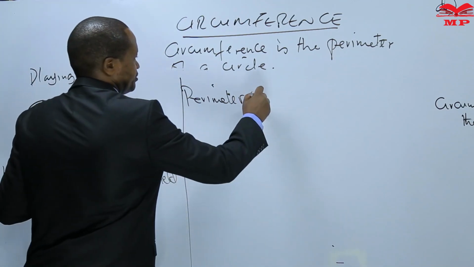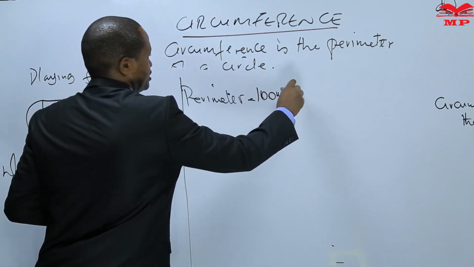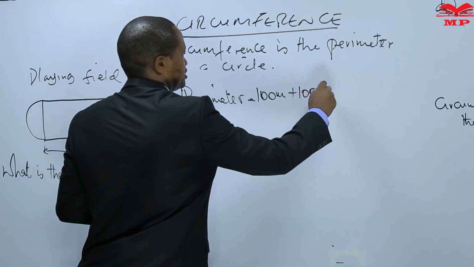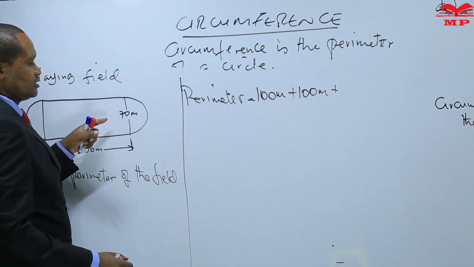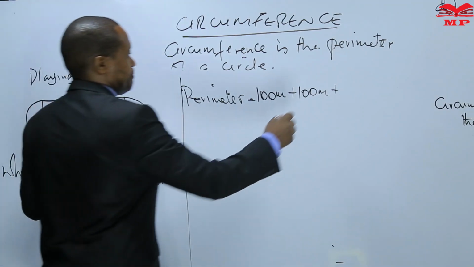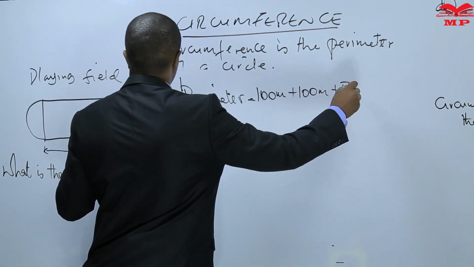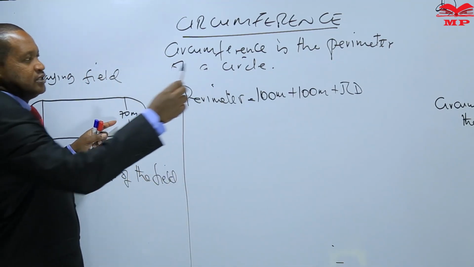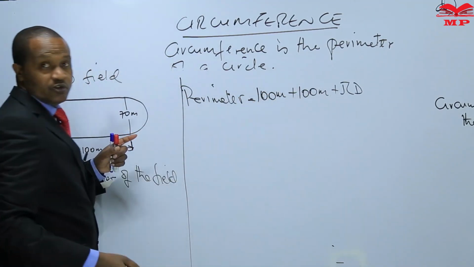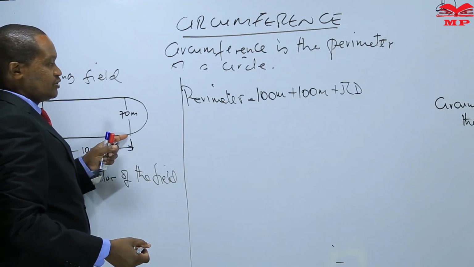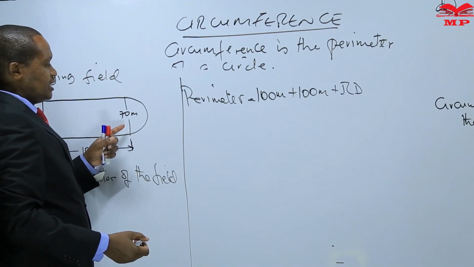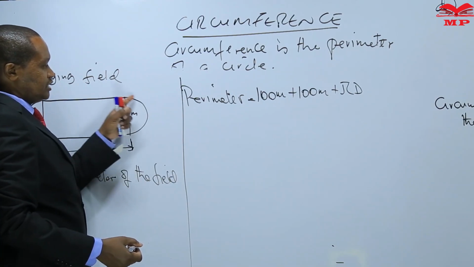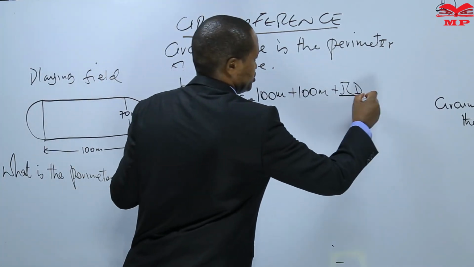So the perimeter will be 100 meters plus 100 meters plus pi d. That is the circumference of a circle, and this bit is a semicircle, so we divide by 2.